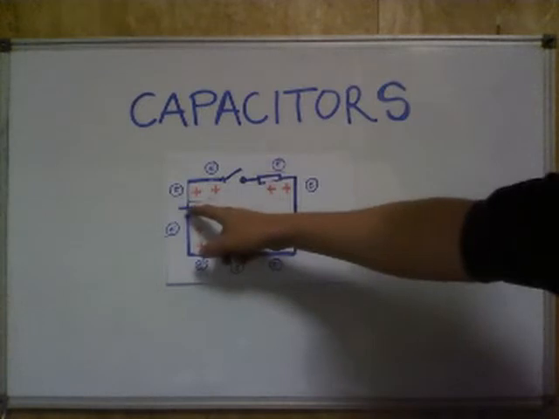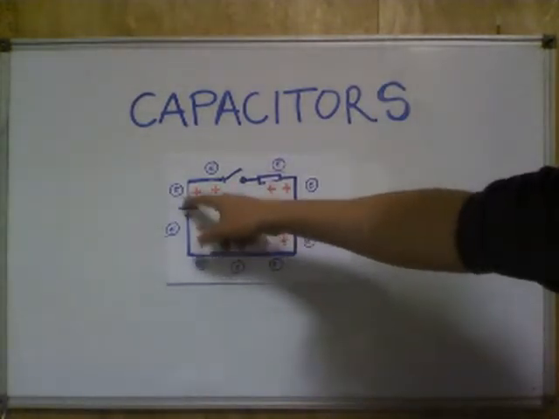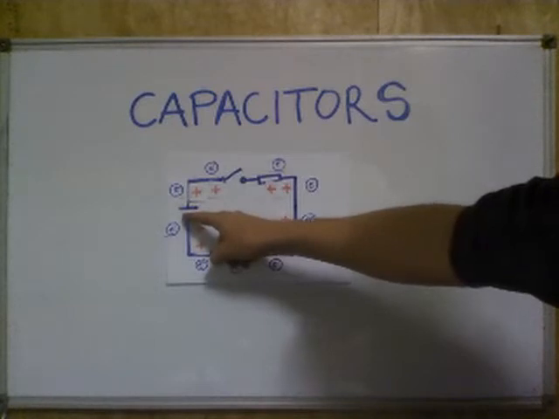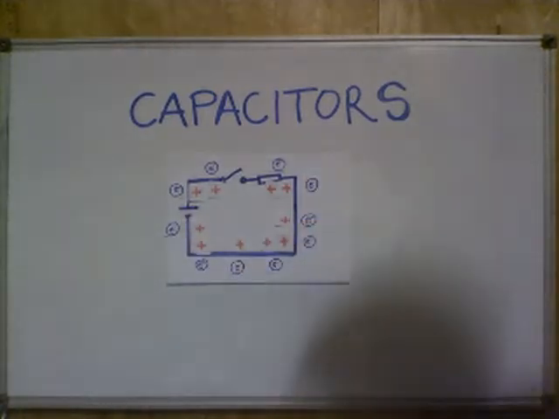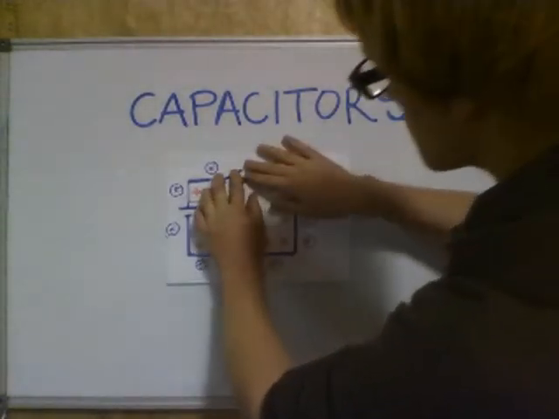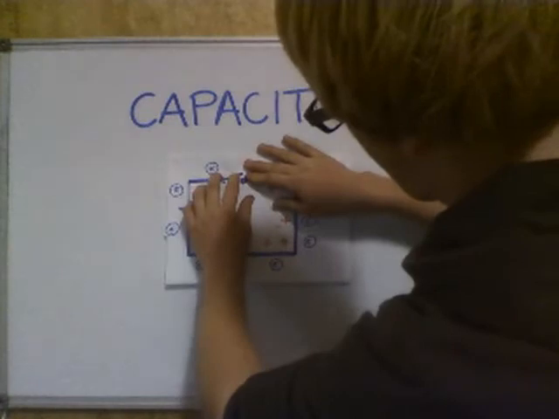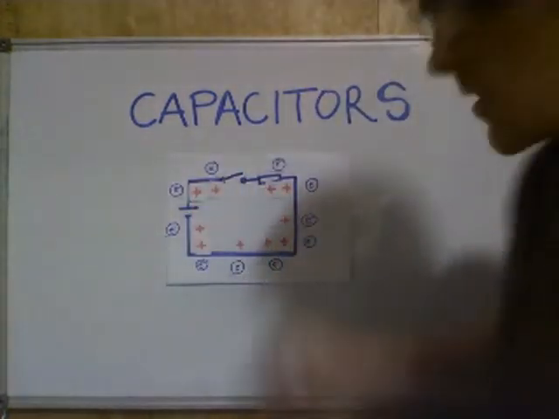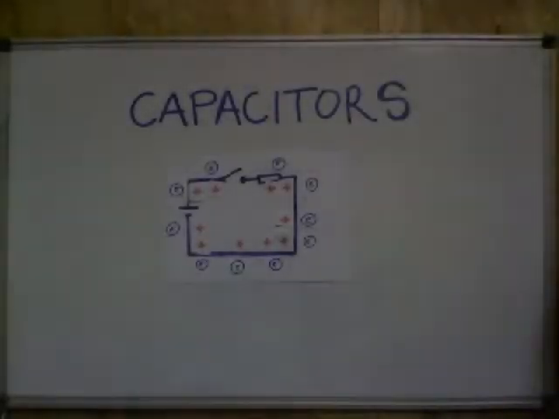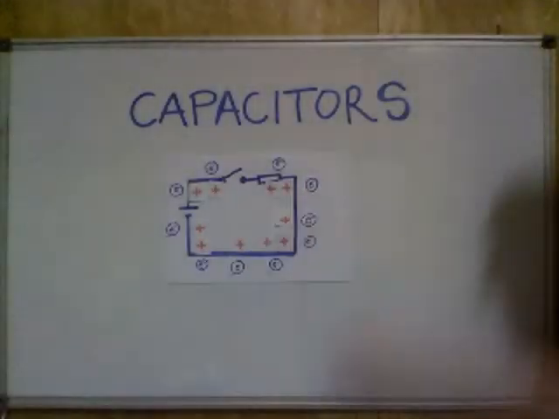Well, conventional current we know will flow from positive to negative, so electrons must be flowing from negative to positive. Let's see that in action. Close the switch. And there are the protons represented by those positive symbols there.